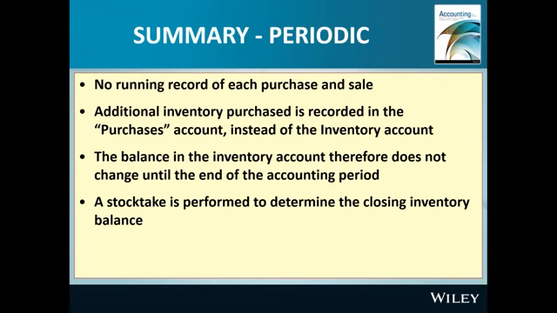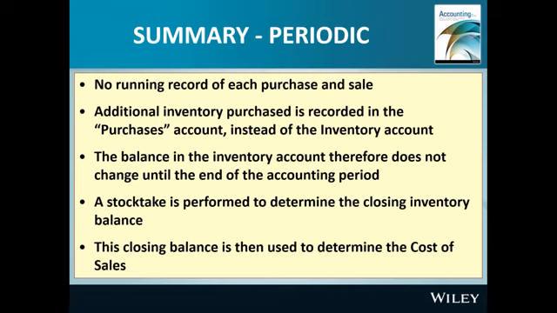A stock take is performed to determine the closing inventory balance. Okay, and this closing balance is then used to determine the cost of sales. So this is the difference. We use the closing inventory balance to determine our cost of sales under the periodic system.